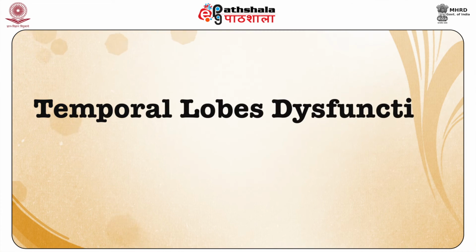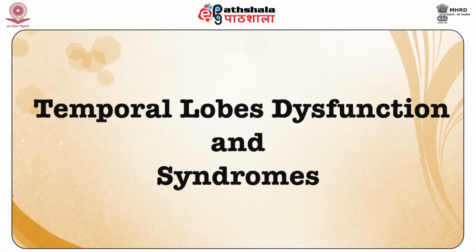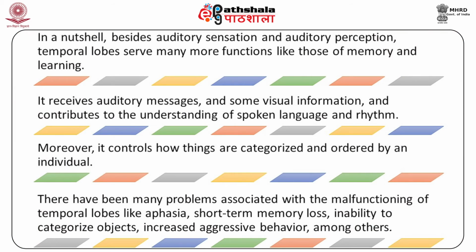Now let us come to the understanding of temporal lobe dysfunction and syndromes. In a nutshell, besides auditory sensation and auditory perception, temporal lobes serve many more functions like those of memory and learning. It receives auditory messages and some visual information and contributes to the understanding of spoken language and rhythm.